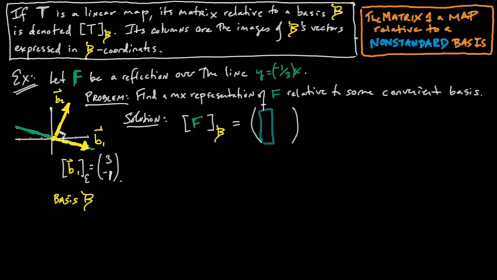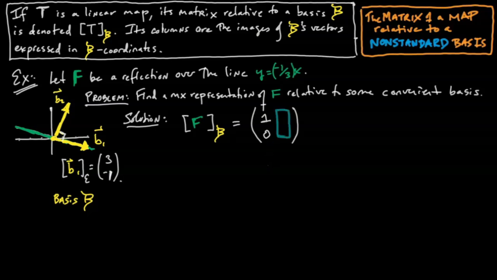So the first column is the image of B1 expressed in B coordinates. Well, the image of B1 after we flip it over the line is still B1. Okay, so the first column is just B1's B coordinates. Well, that's easy. To get B1, how many B1 and B2 steps do we have to take? Obviously, we take one B1 step and 0 B2 steps, and we have our first column.